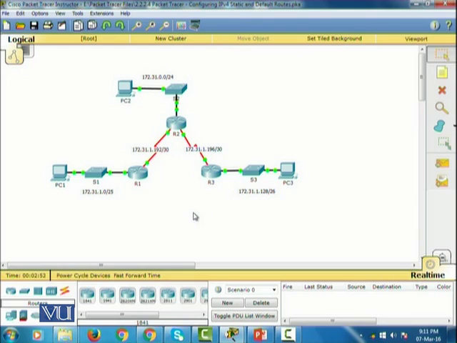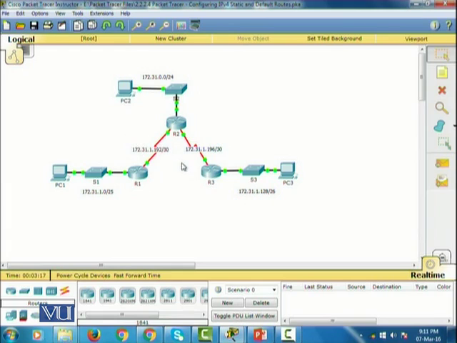So for that, looking into the topology diagram, we could easily find out that this is one network, this is another network, this is a third network, and this is the fourth network. And there's also a fifth network. So these are the number of networks we have in this diagram.